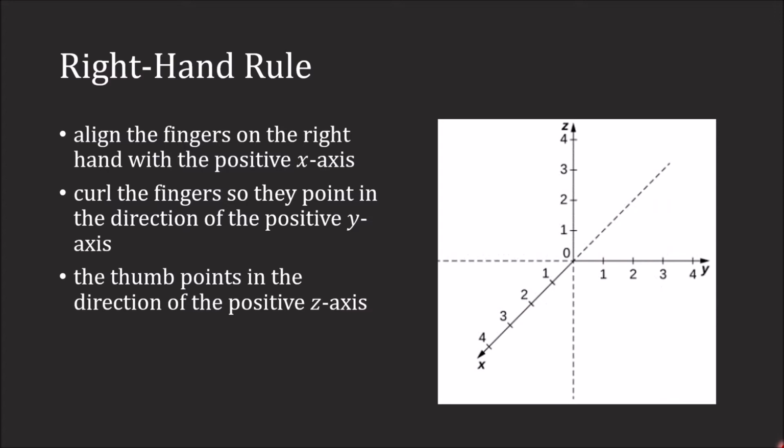So as long as your coordinate setup follows this rule, then it's considered to be a right-handed coordinate system, and so it's fine. Now there is also something called the left-handed rule, which follows the exact same rules, except you use your left hand. In this course, we will only be working with right-handed systems. So that is systems that follow the right-hand rule.